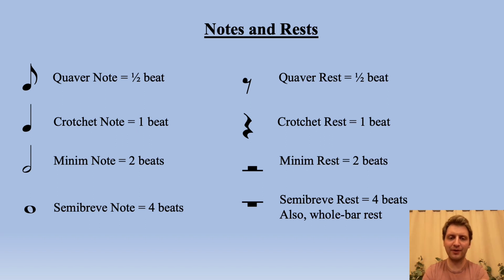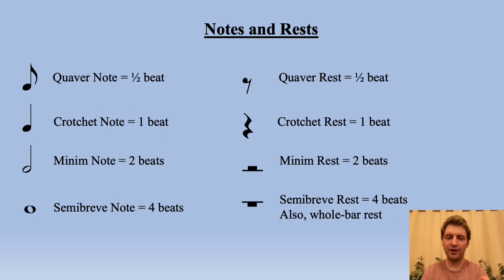Now both the minim rest and the semibreve rest, you'll see that they have a line, the minim below and the semibreve on top, and that line is synonymous with the line you would see on a stave. It's normally coming on the third line.